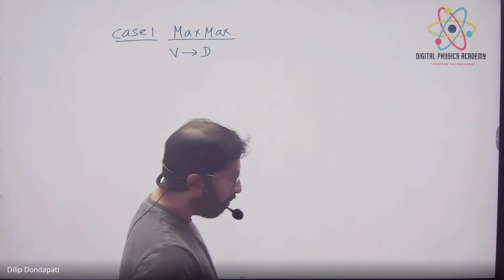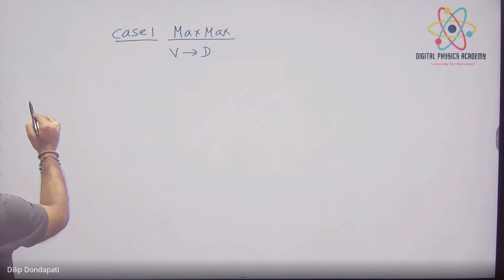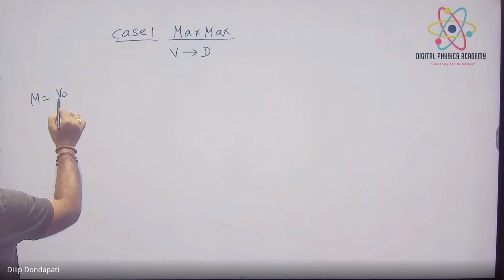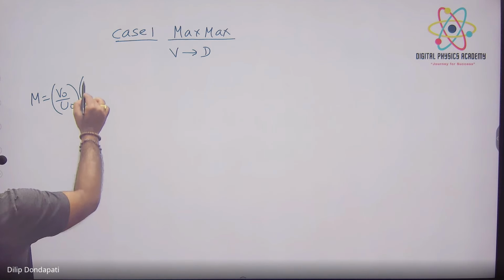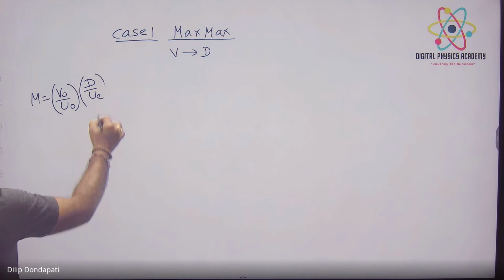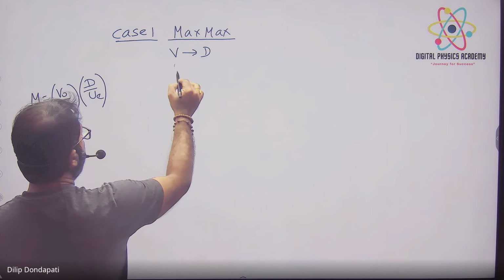Try to find 1 by UE from that. The general formula you got is VO by UO into D by UE. And U is minus UE.